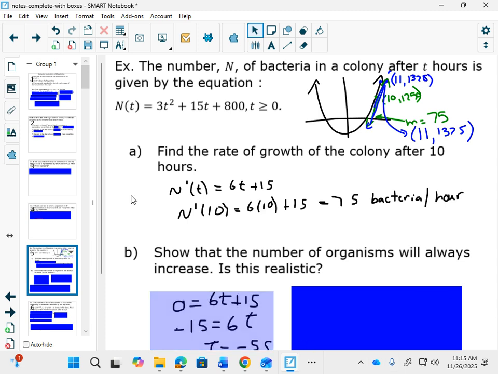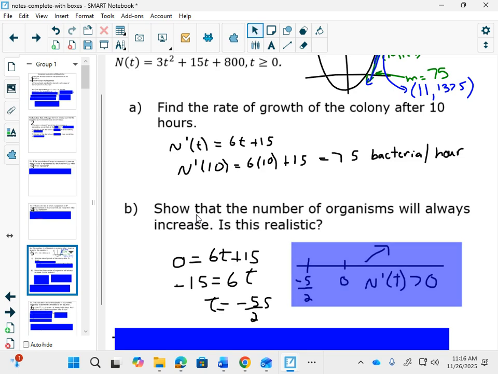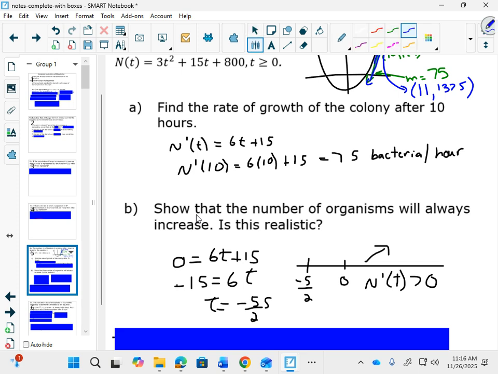All right. Part B, show that the number of organisms will always increase. So what I do is I find out with my derivative where it's equal to 0. And that happens to be at negative 5 over 2 seconds, which is in the past. If I look at a number line and I plug in numbers and check my derivative, and I don't know if you remember doing number line things in inequalities in grade 11, but this is similar to that.